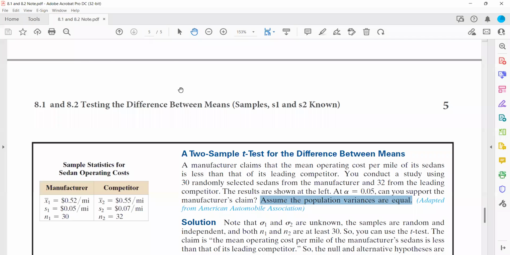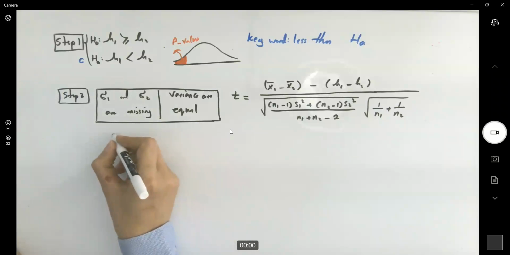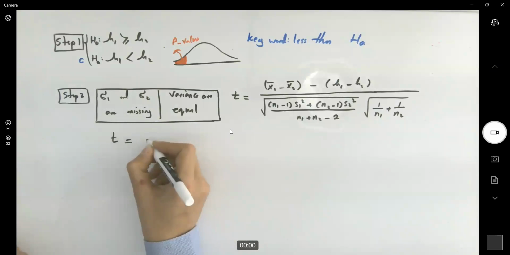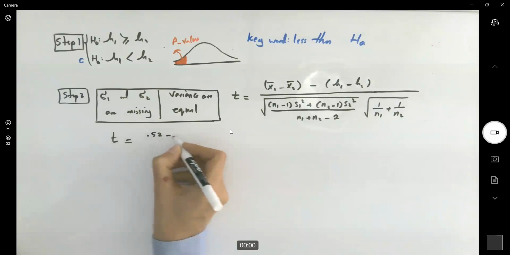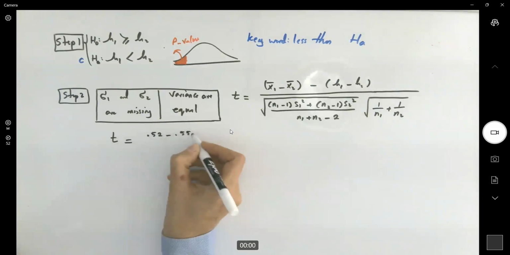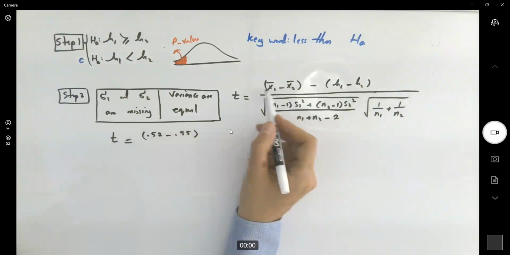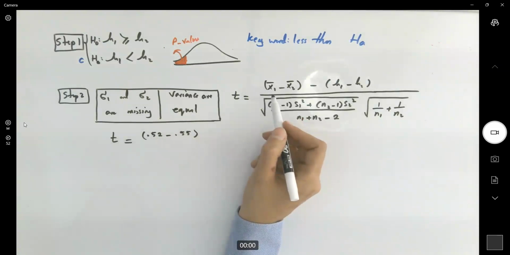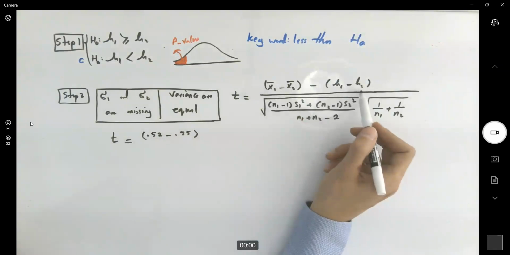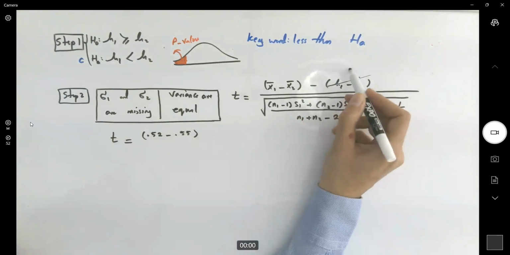Let's take a look. So my t, or standardized test statistic, becomes 0.52 minus 0.55, the difference between the sample means, minus the difference between population means, which is 0.